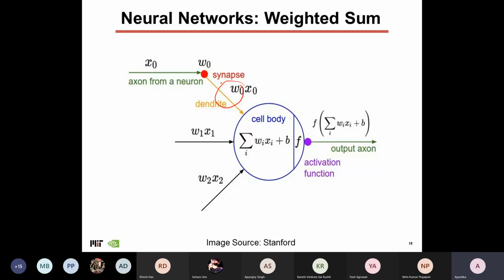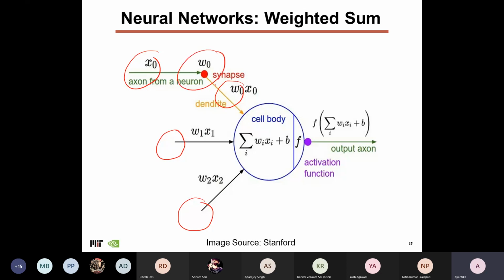So basically, in our computation unit, what is going on? We are receiving inputs from different input ends, or you can think about different nodes from the input layers. We have the synapses associated with some weights.